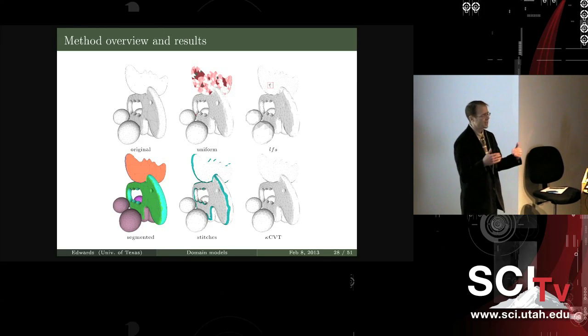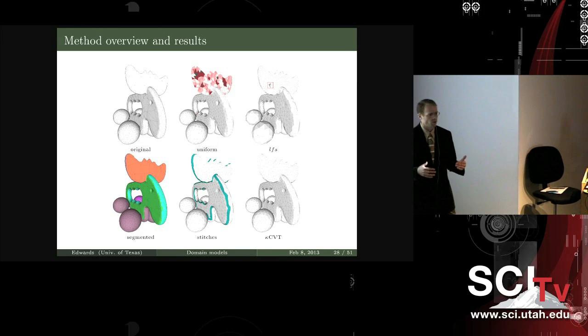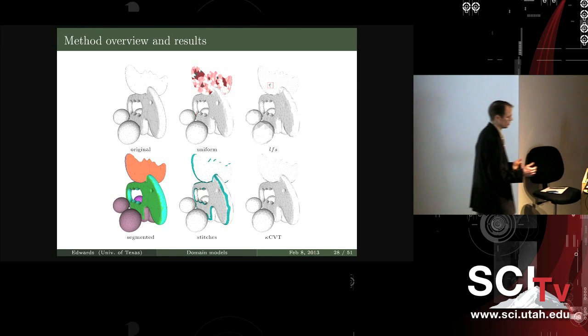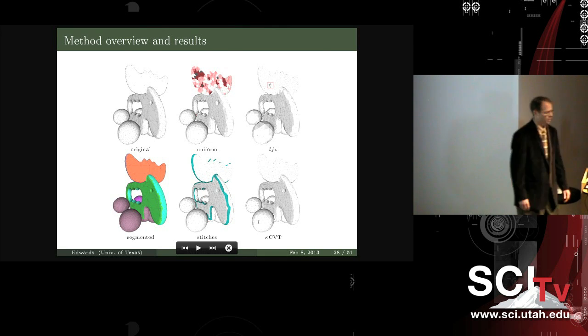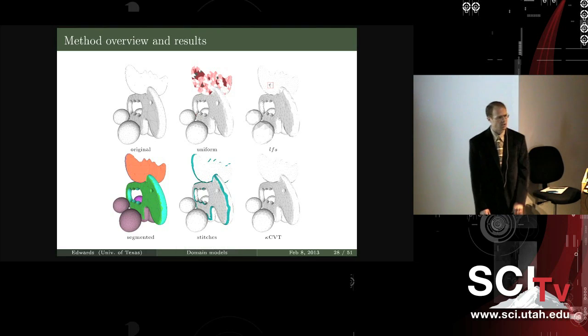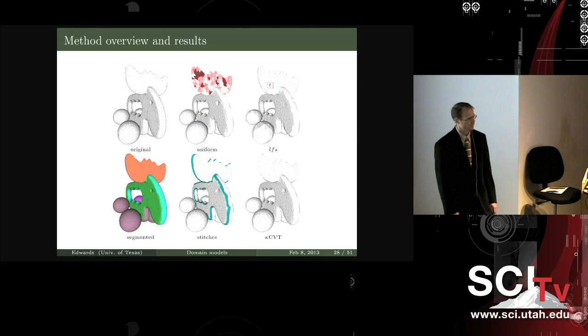And so we want to reallocate those samples to another area of higher curvature. So, for example, if you look at the ball here, there are not very many triangles allocated here, but with ours, we're able to take some from the horns and move them to the areas of higher curvature.